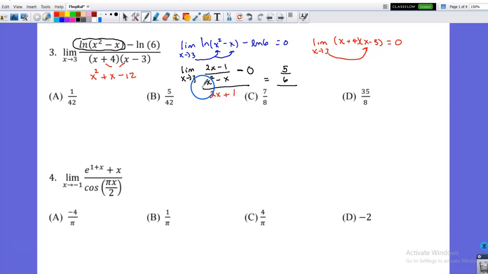In the denominator, substituting 3 down here, 2 times 3 is 6, 6 plus 1 is 7. And I can put that over 1. So then that becomes 5 sixths times 1 over 7, which gives me 5 over 42, which is B.